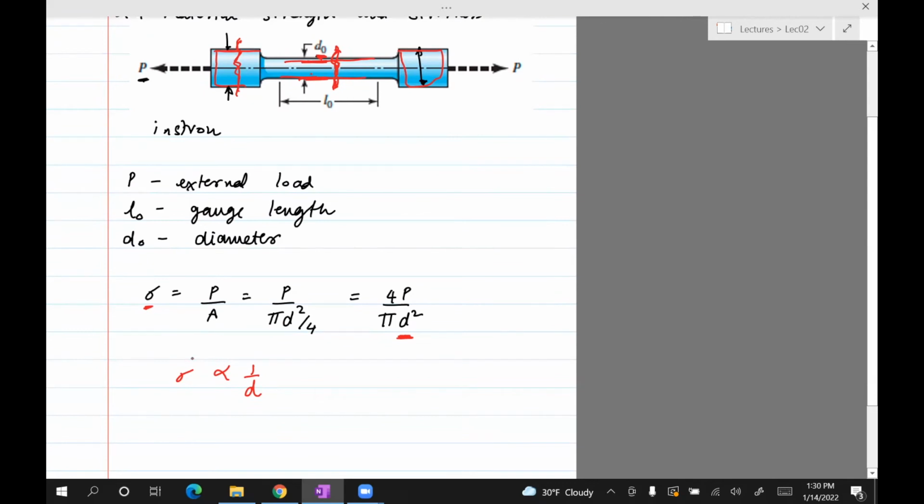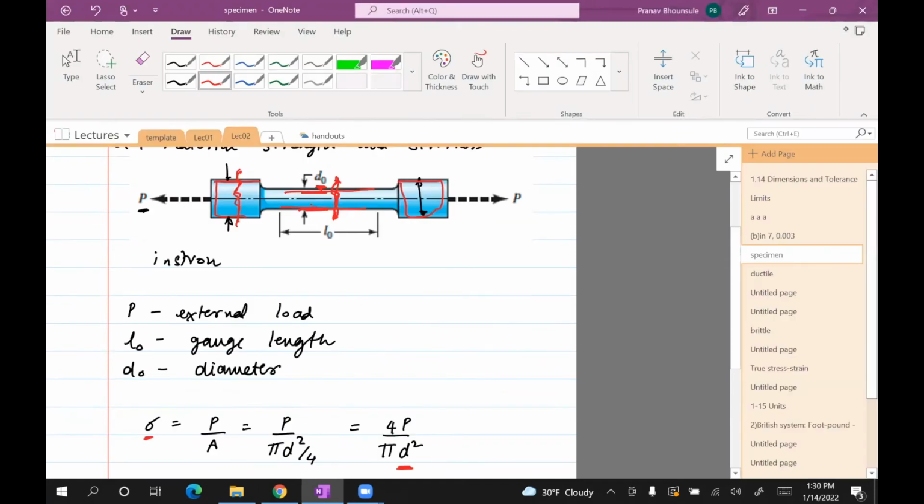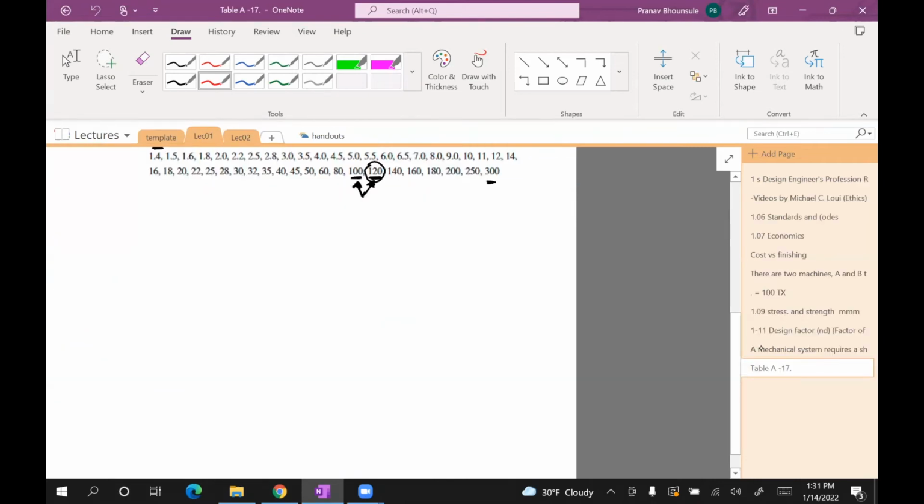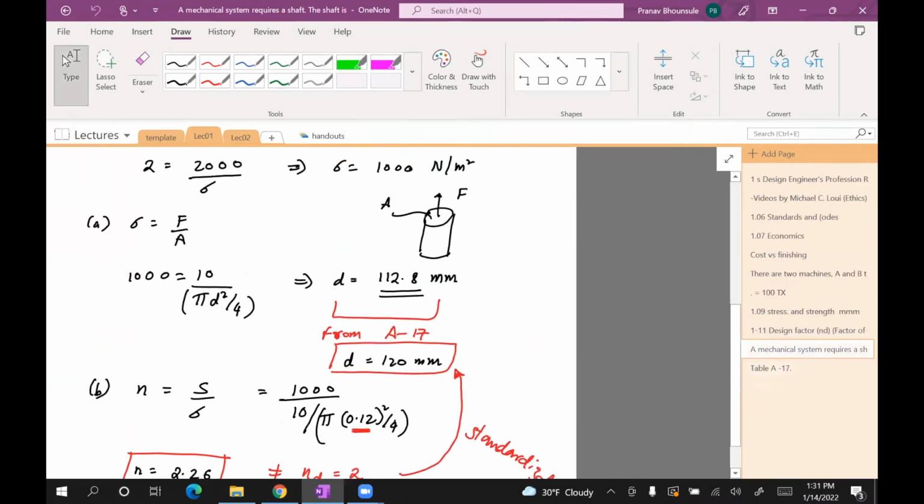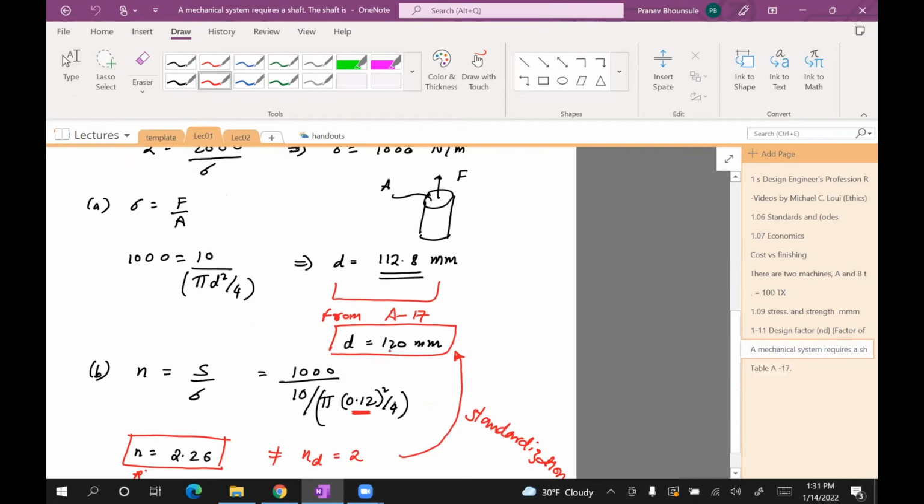But this is something useful, which is, remember that stress is inversely proportional to the diameter. And that's why, if you go back to the previous class, when we designed these, it's a good segue here. Let's go to what I talked about in the last class. If you remember this problem I solved, we had come up with a dimension of 112, and then we had two options. We could choose 100 mm and 120 mm, and we chose 120 mm.